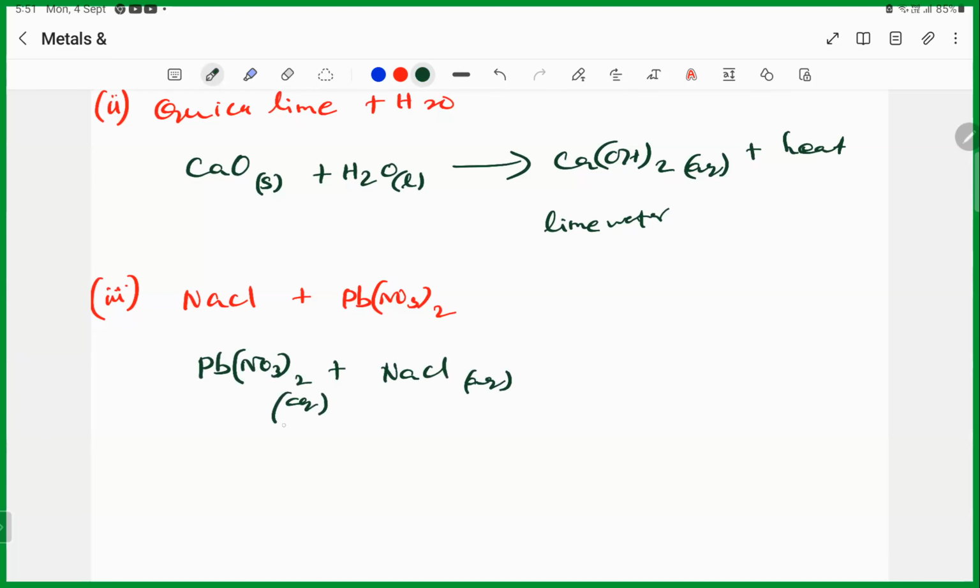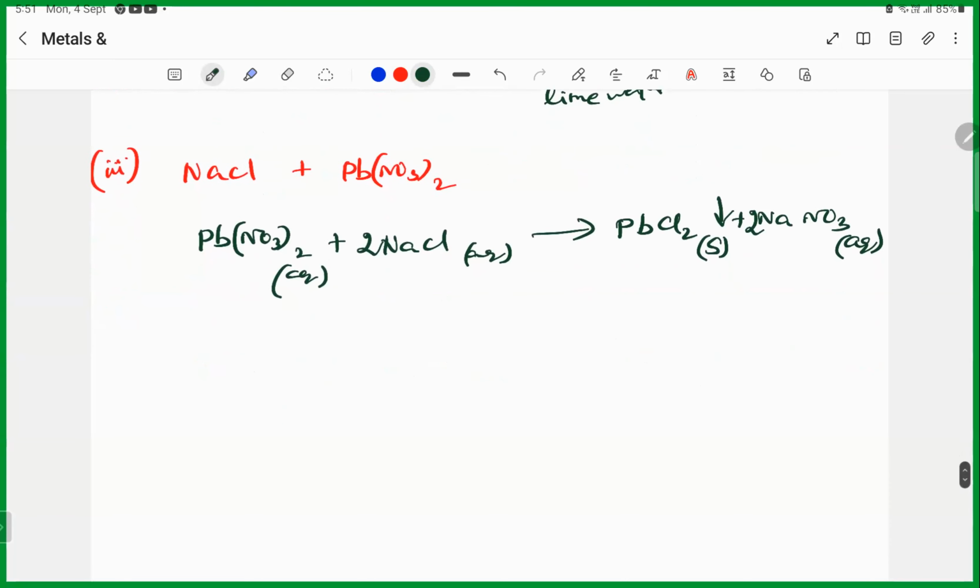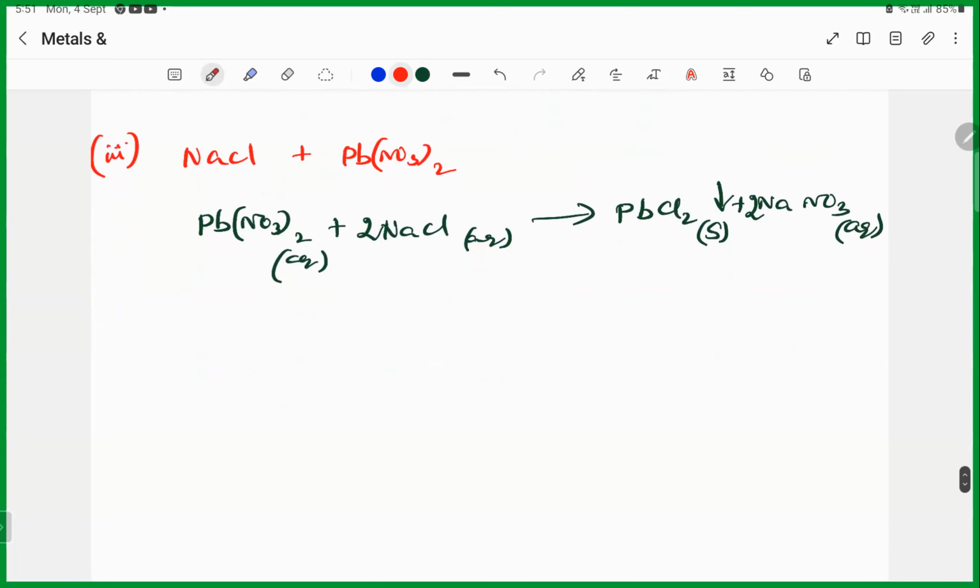This will be aqueous. It gives PbCl2 plus NaNO3. It's aqueous, right? You have to balance that, no? When you're balancing, what you will get? Sir, 2 NaCl, 2 sodium nitrate. Very good.